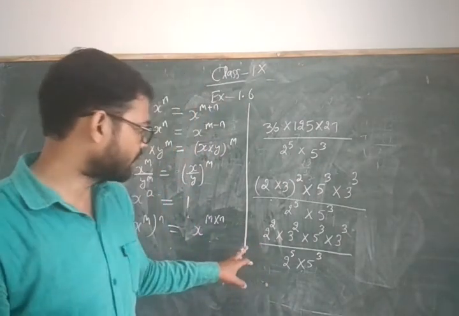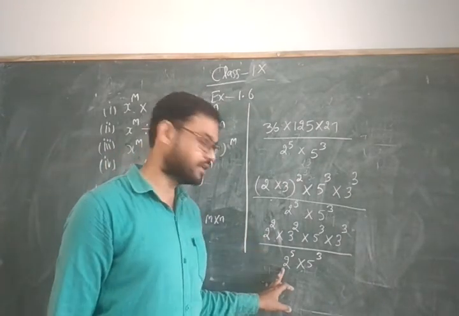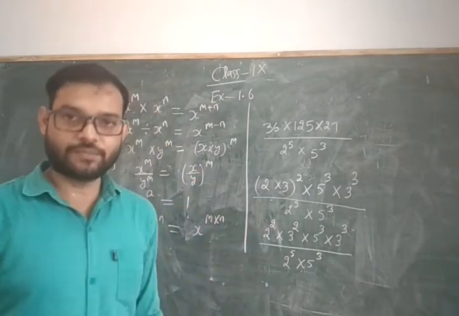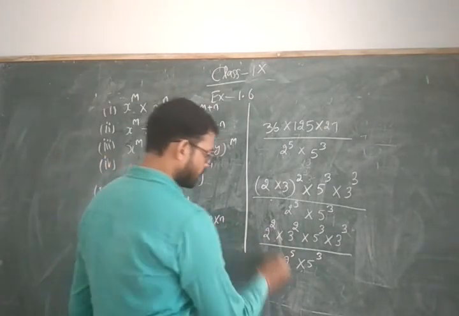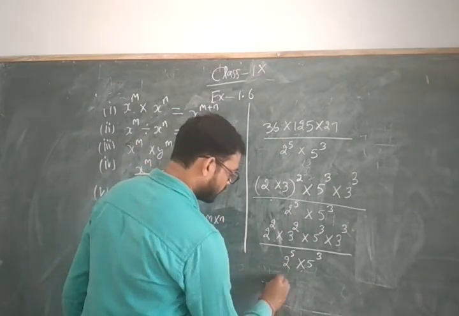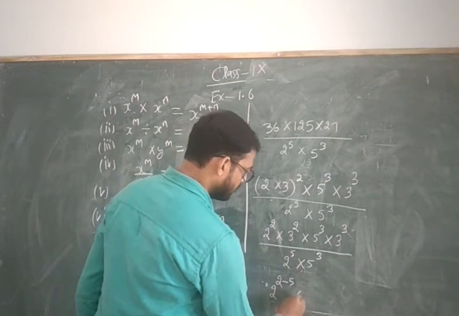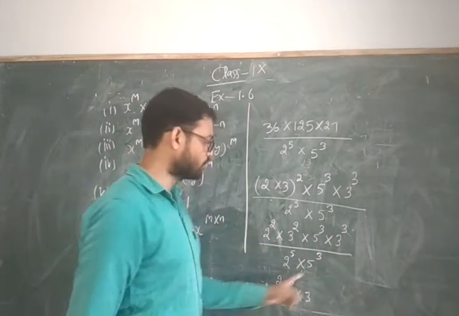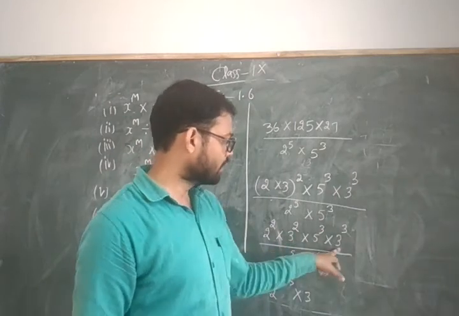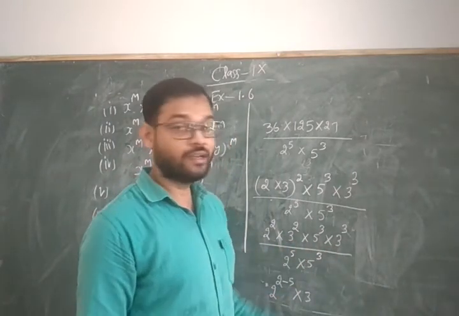So you can see that I have this 2 and here also 2. So you can subtract. If it is divide, we always subtract. So it becomes 2 raised to power 2 minus 5 into 3 raised to power. In the denominator there is no 3. But if you see carefully, here are two 3s and both are multiplying.